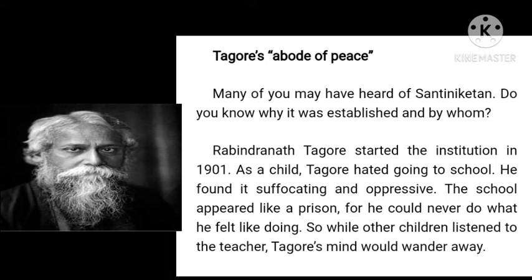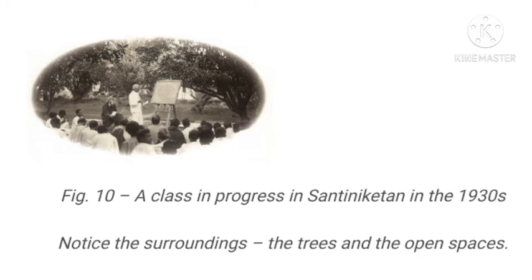He called it an abode of peace, where children could learn and live and develop their talent in harmony with nature. While Mahatma Gandhi was totally against the Western education system and its worship of machines and technology, Tagore tried to combine elements of modern Western civilization with what he saw as the best within the Indian tradition. He stressed the need to teach science and technology along with art, music, and dance at Shantiniketan.